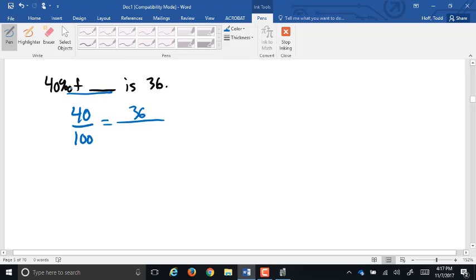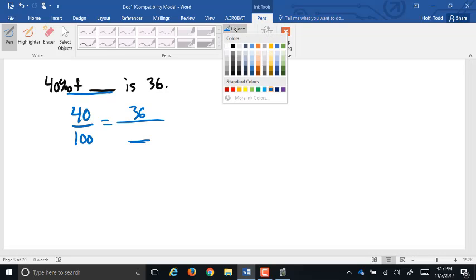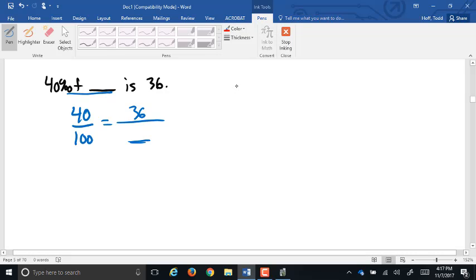Of blank, implies out of blank, implies that missing number's on bottom. When I cross multiply, what two numbers am I going to multiply? 100 times 36 is 3,600. And divide by the 40 gives me 90. 40% of 90 is 36.